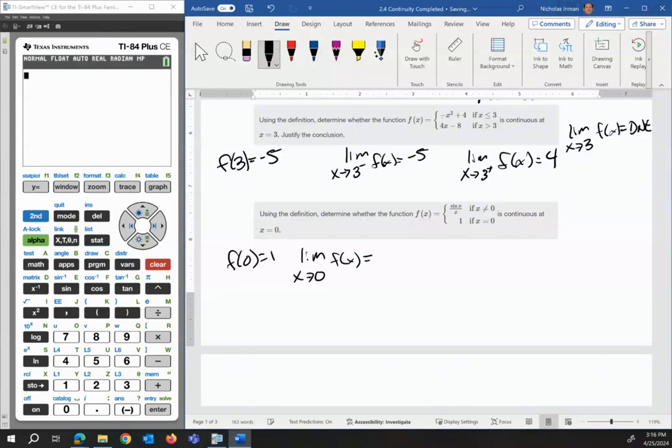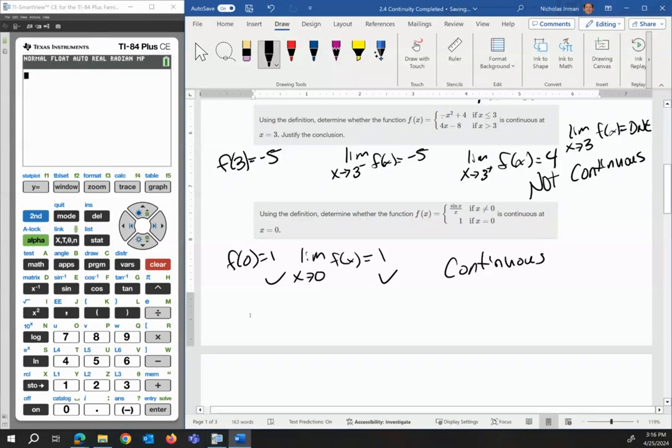That answer is 1. And finally, does the limit and the value, are those two things the same? Well, yes, they are. So yes, this is continuous. Again, it has to pass all three rules in order for it to be continuous.